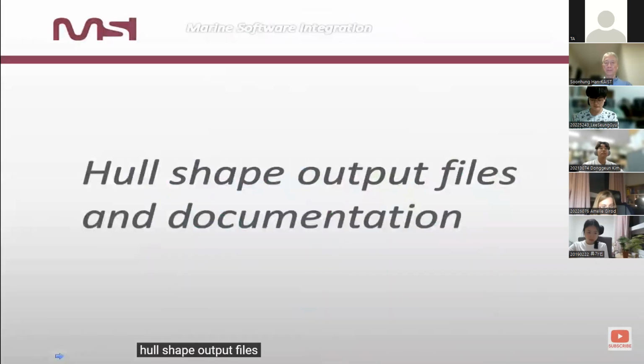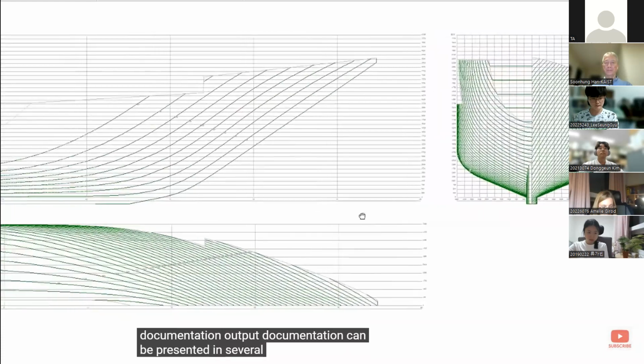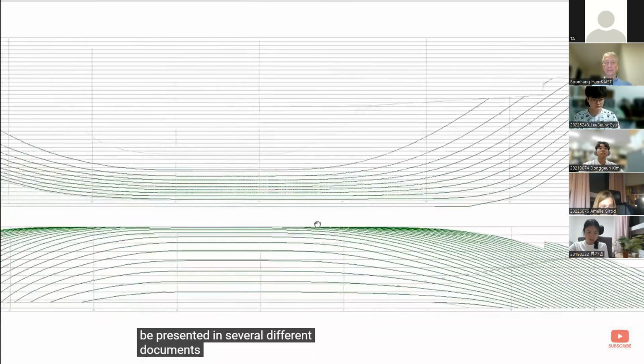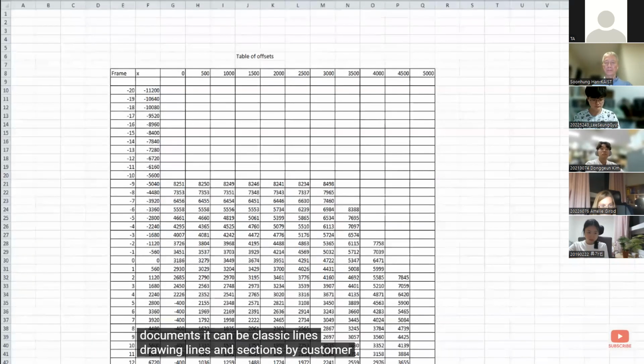Hull shape output files and documentation. Output documentation can be presented in several different documents. It can be a classic lines drawing, lines and sections by customer request, or an offset table. Faired hull surface can be exactly transferred to most known CAD systems.